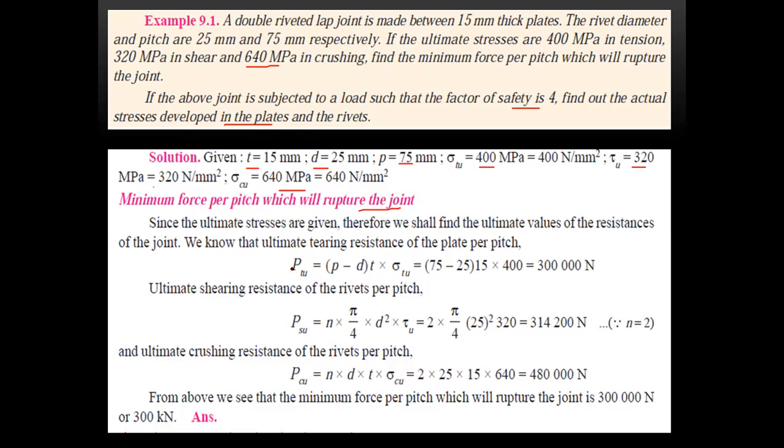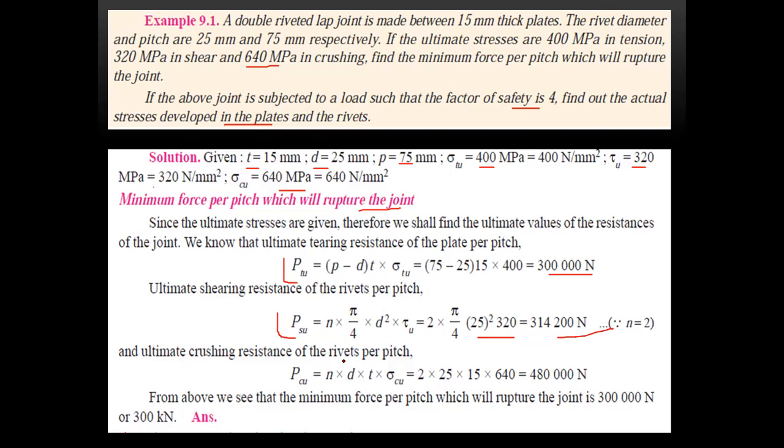Therefore Ptu is equal to (p minus d) into t into sigma tu. Substituting these values, we are getting this. Ultimate shearing resistance of the rivet per pitch, Psu, is equal to n pi by 4 d square into tau u, that is equal to this. Finally you are getting this.